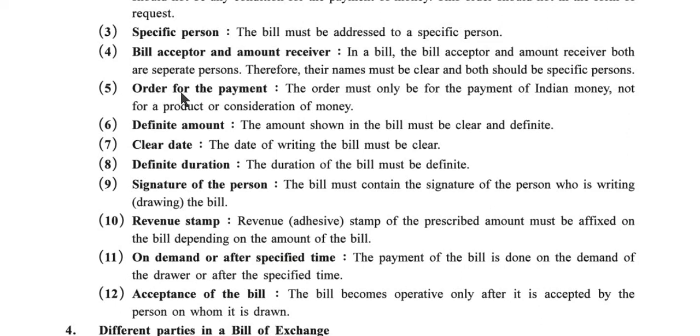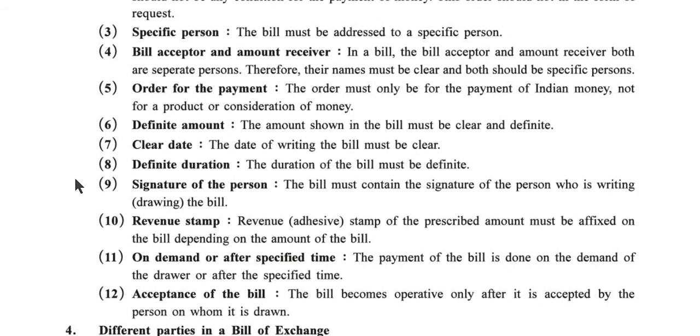Fifth one, order for the payment. The order must only be for the payment of Indian money, not for a product or consideration of money. Sixth one, definite amount. The amount shown in the bill must be clear and definite. Seventh one, clear date. The date of writing the bill must be clear.